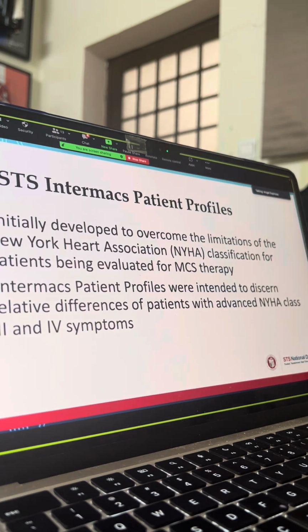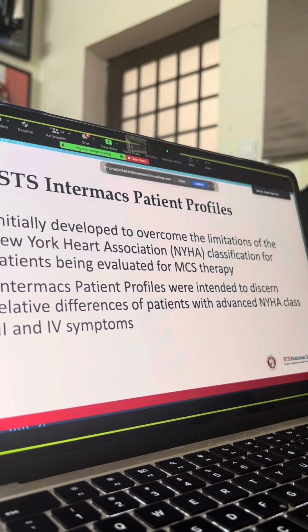So the Society of Thoracic Surgeons, based on that primary consensus, started what are called the INTERMACS patient profiles, which were developed to overcome the limitations of the NYHA classification in patients that are being evaluated for mechanical circulatory support.